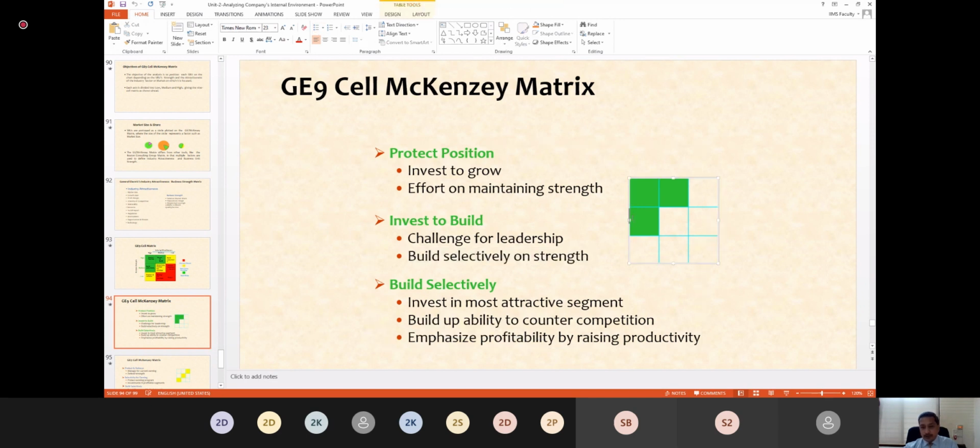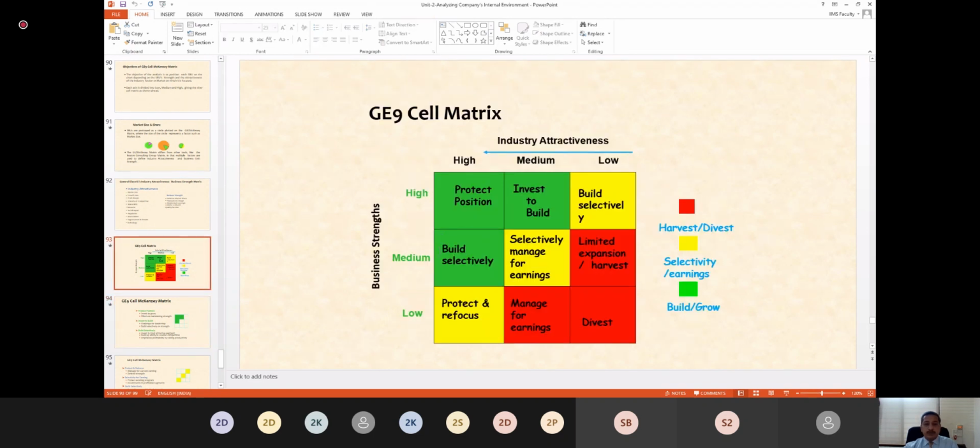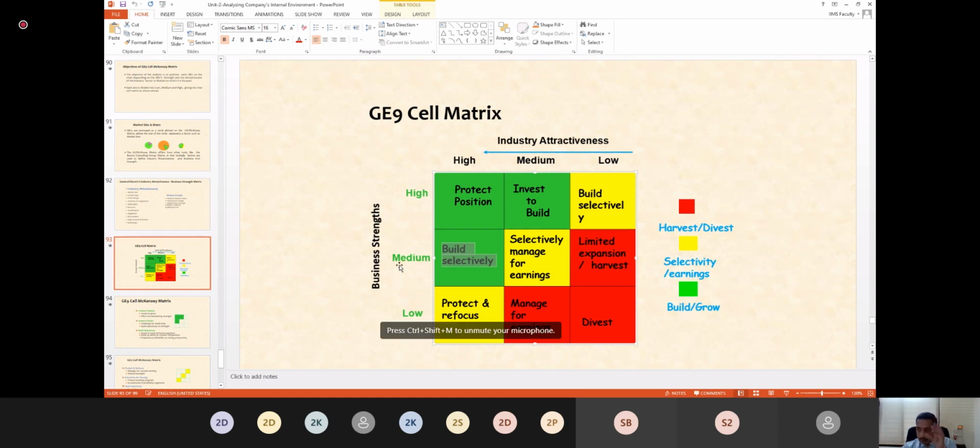The third position you will see is build selectively. Here the industry is very highly attractive. However, the business strengths are medium. We do not have high business strengths.